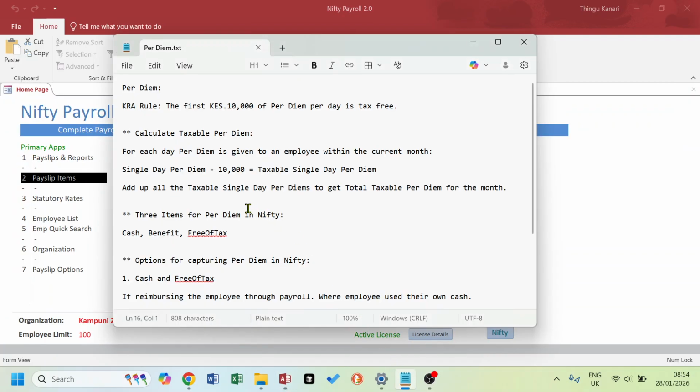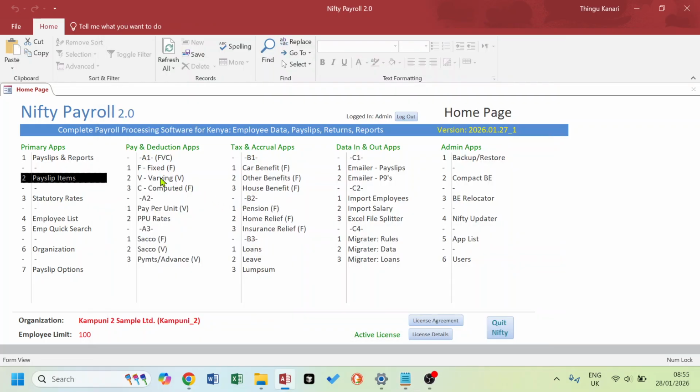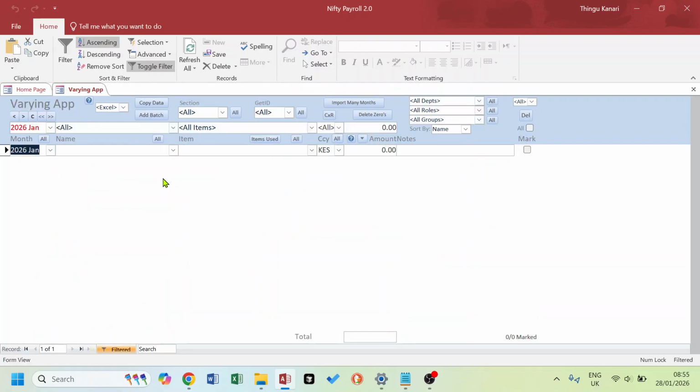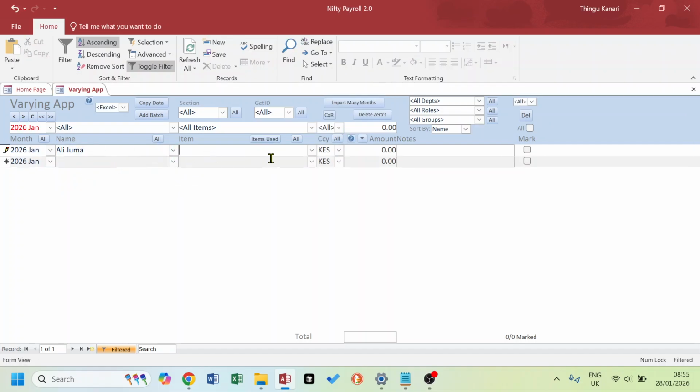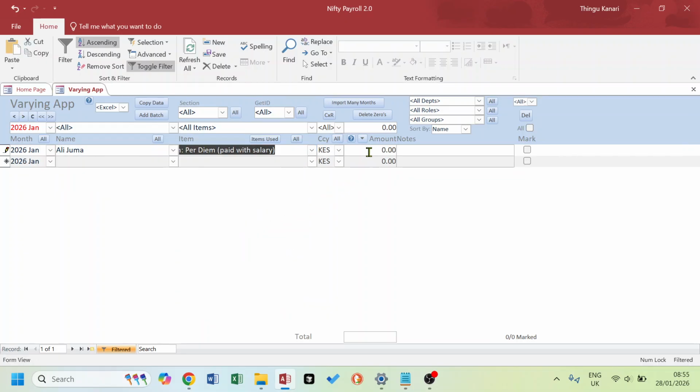Okay, so now I want to show you how to capture the Per Diem in Nifty, depending on the situation that you have. Generally, your Per Diems will be best captured in varying. Varying is for things that change from month to month or only happen from time to time. So let me just use my first example person here, and we are going to give him cash Per Diem.